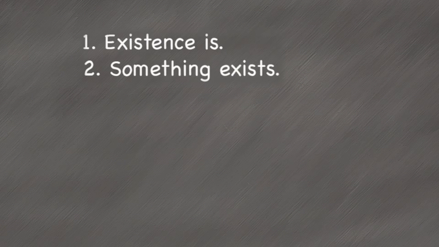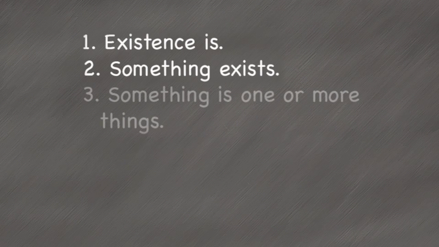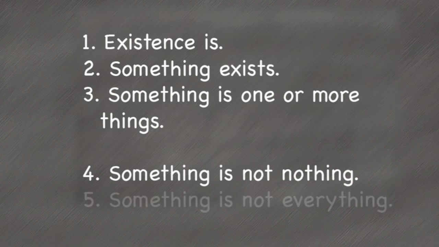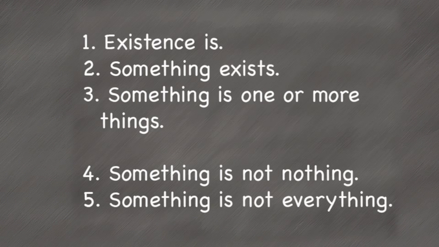Existence is. Next postulate, something exists. Seems to follow quite logically that if existence is, therefore something exists. Something is one or more things. Something is not nothing, and something is not everything. It's pretty simple. Something is not nothing is nothing more than a statement that one is not none. 1 does not equal 0, mathematically, if you think about it.